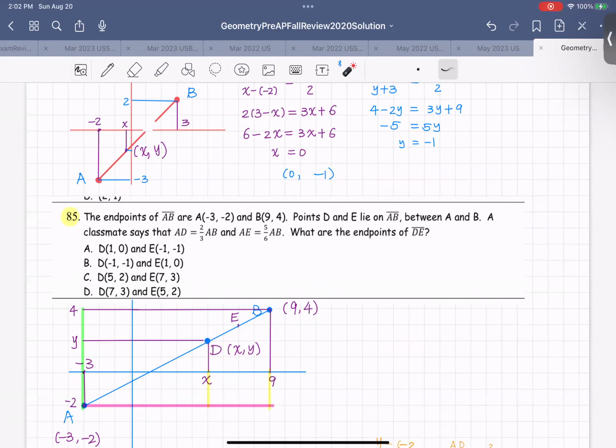Think about this. This is exactly using triangle similarity, and also using the distance formula. How do you get point D? I gave some difficult questions, and I give some easy questions, okay?